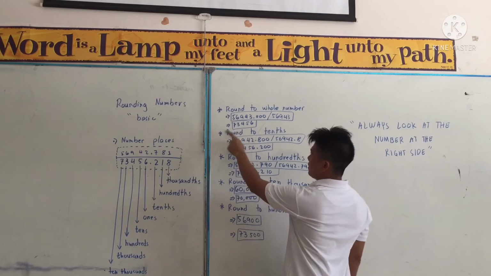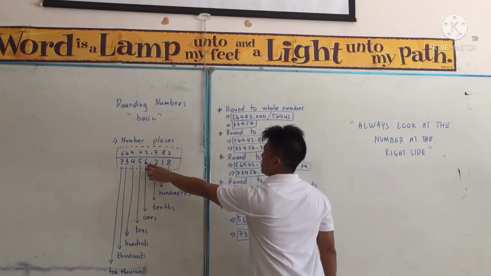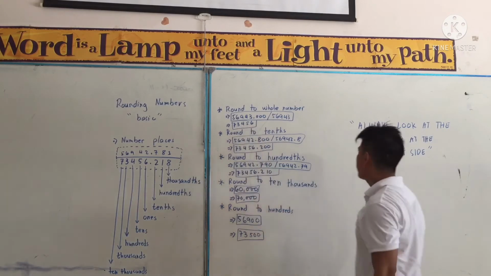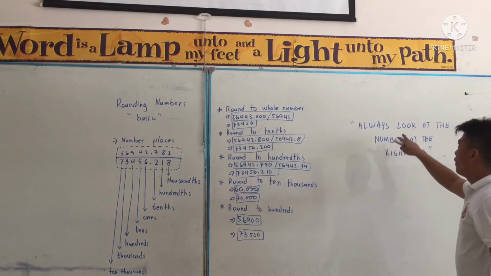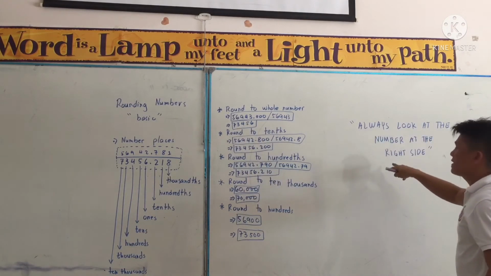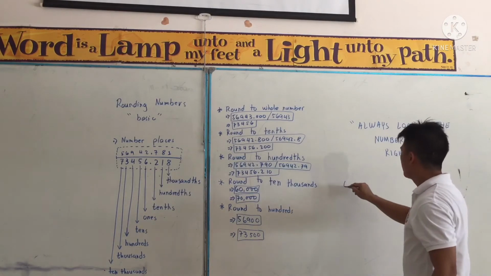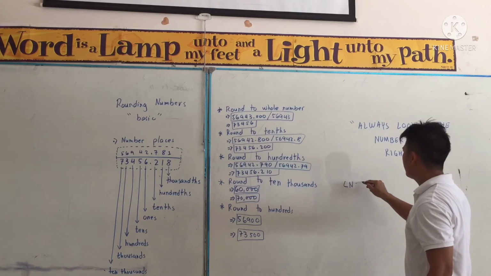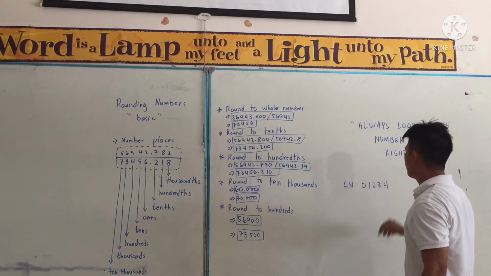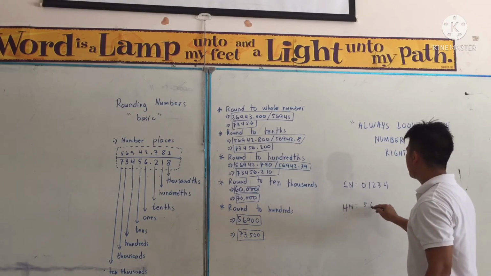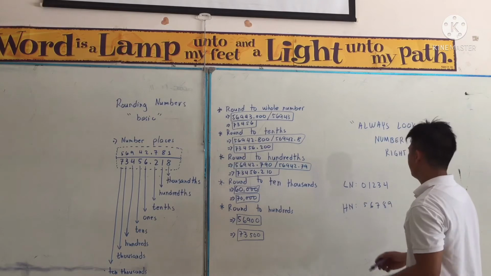And for the second number, 73456.218, the 6 is still there, because as this says, always look at the number at the right side. There are two kinds of numbers. Lower numbers are 0, 1, 2, 3, 4, and higher numbers are 5, 6, 7, 8, 9.